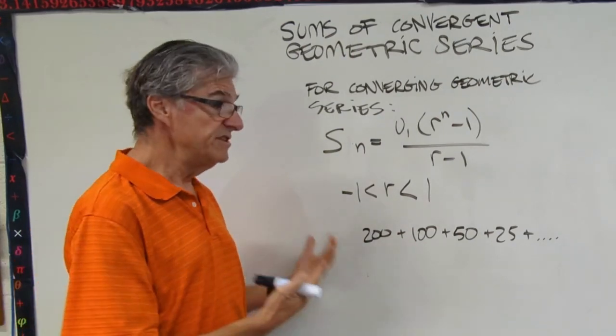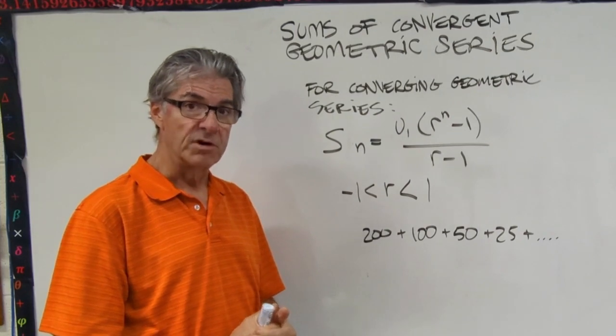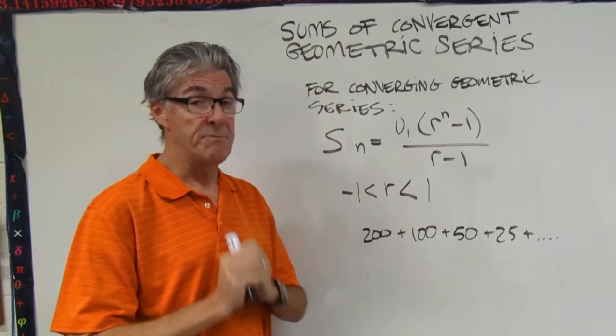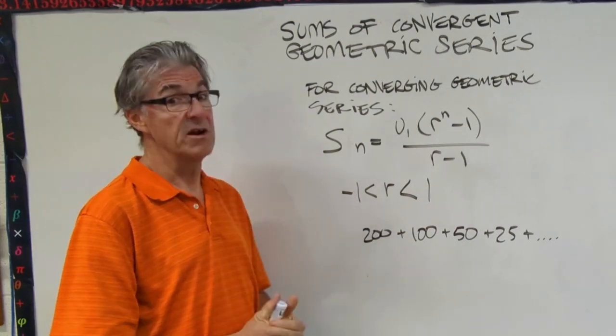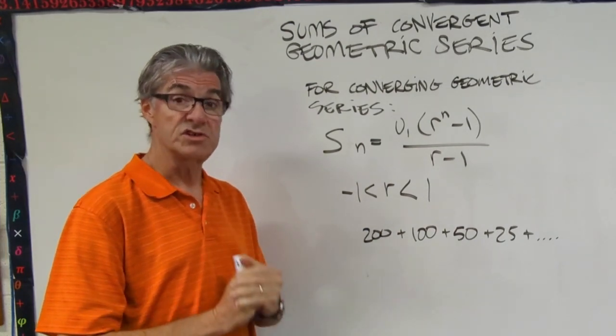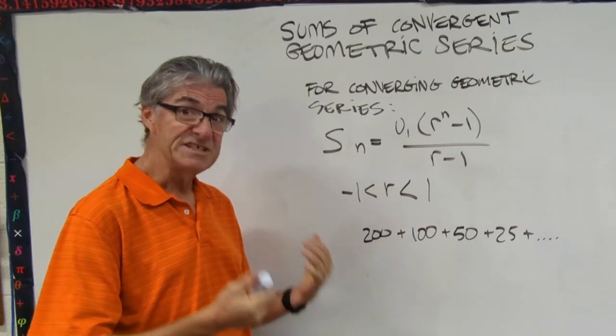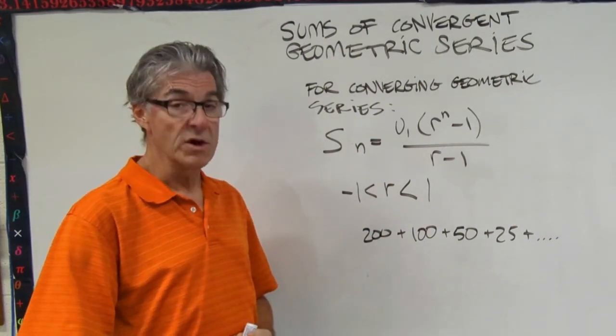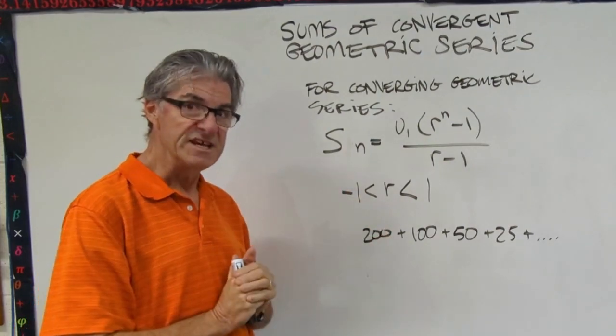So that's why this series converges on a number. And that number is the number which the sum is never going to be bigger than. So in this lesson, we're going to calculate what that sum is, what the convergent point is.